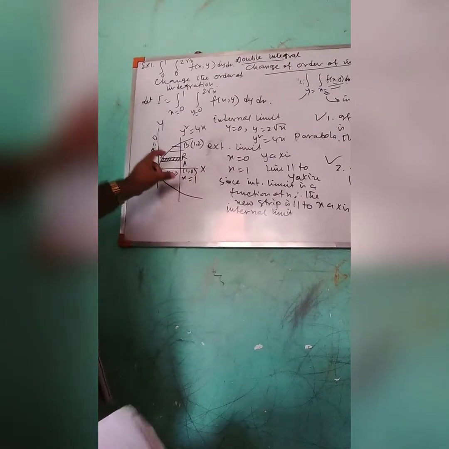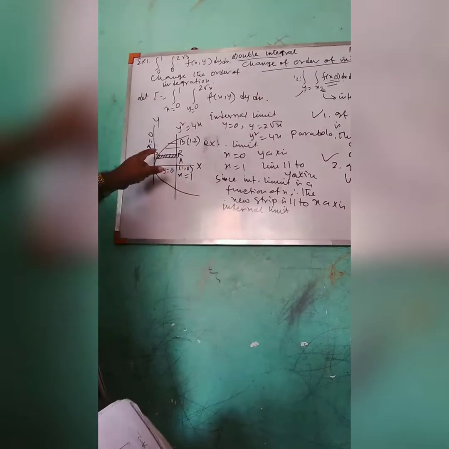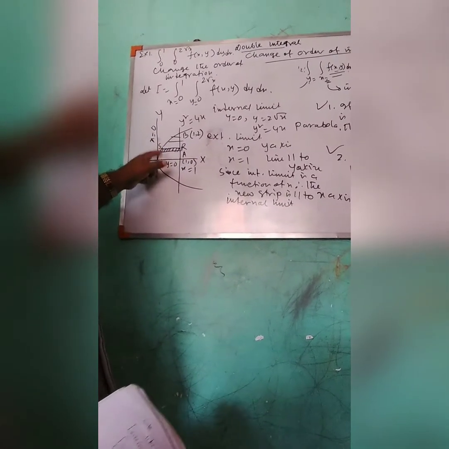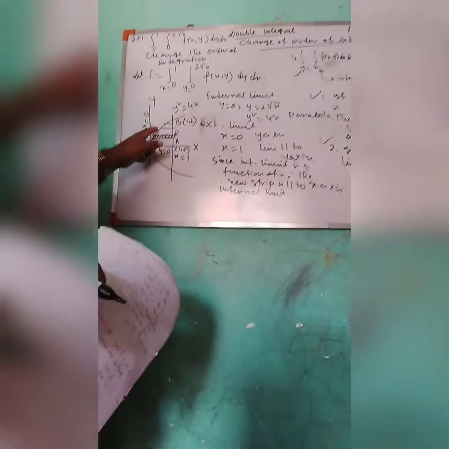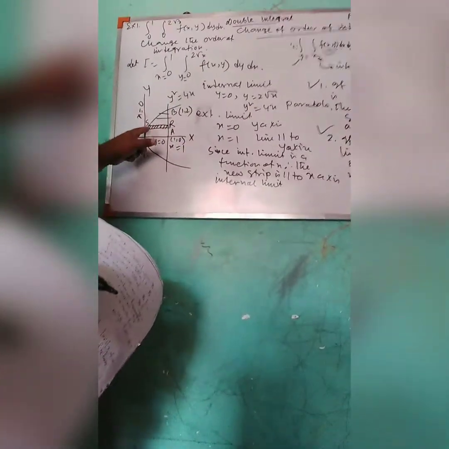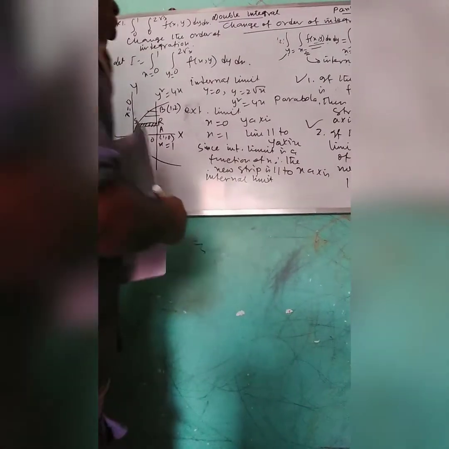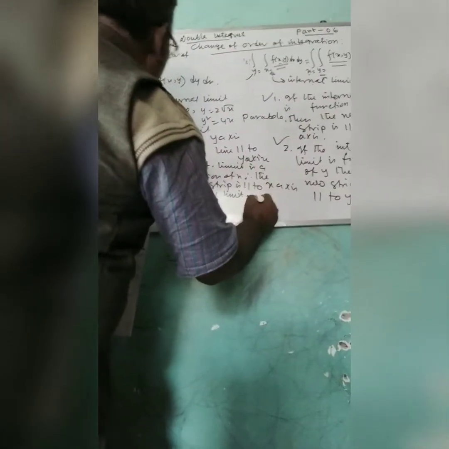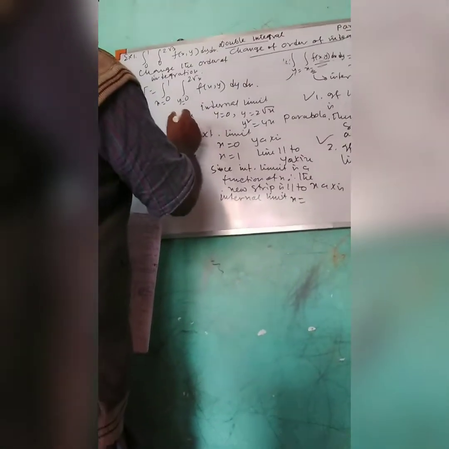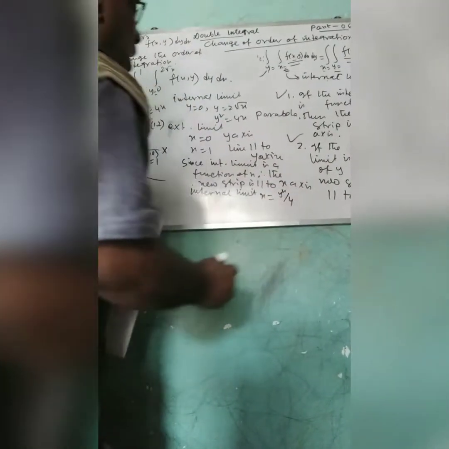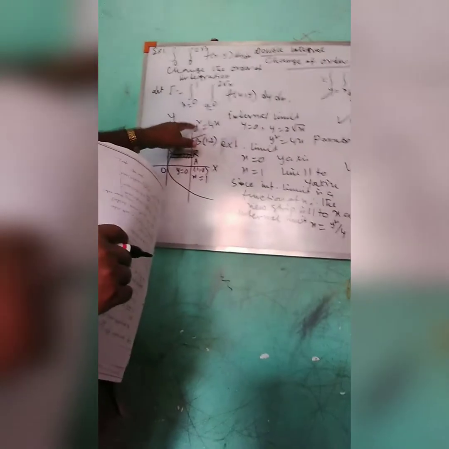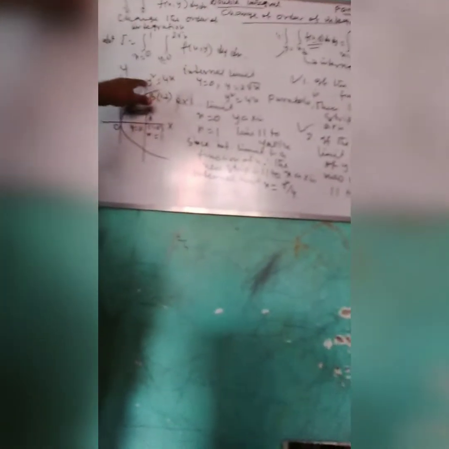From this equation, y square equal to 4x, this will be the lower limit, so x equal to y square by 4.